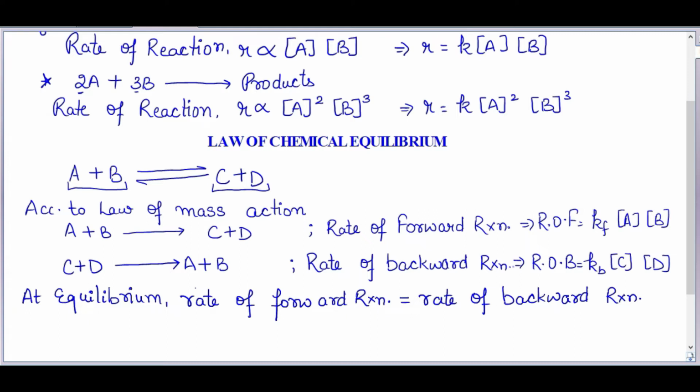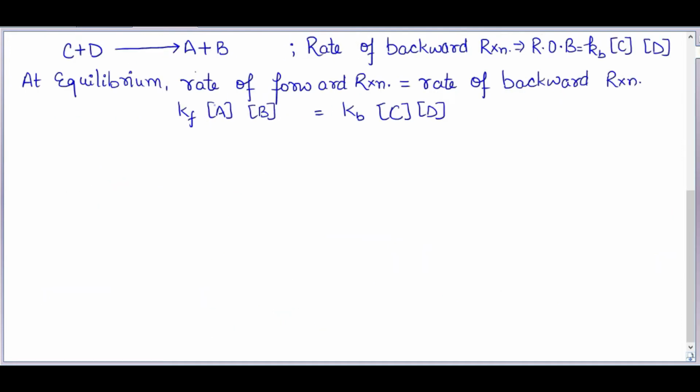We have to find the value of the rate of forward reaction, so you just put the values over here: Kf into [A][B] equals Kb into [C][D]. What you have to do is simply take the molar concentrations of A and B in the denominator and Kb on this side.